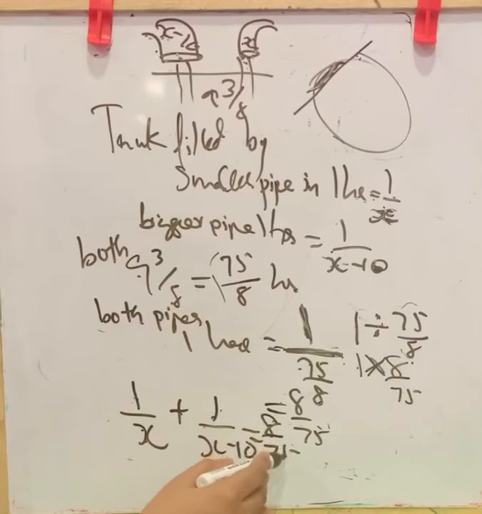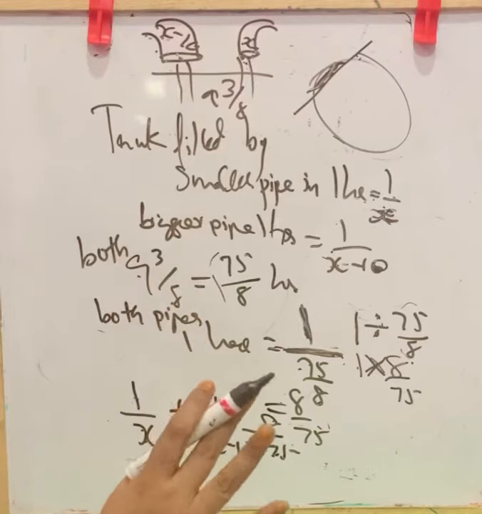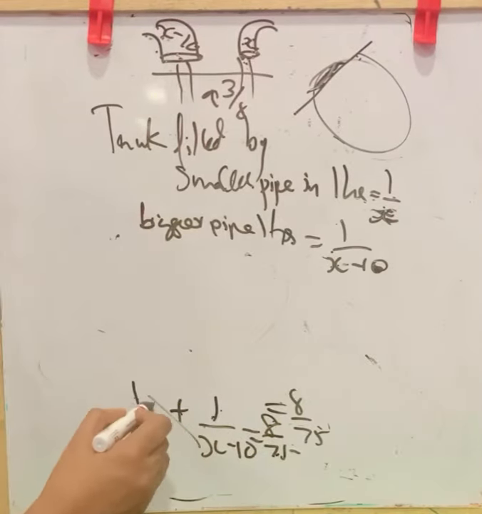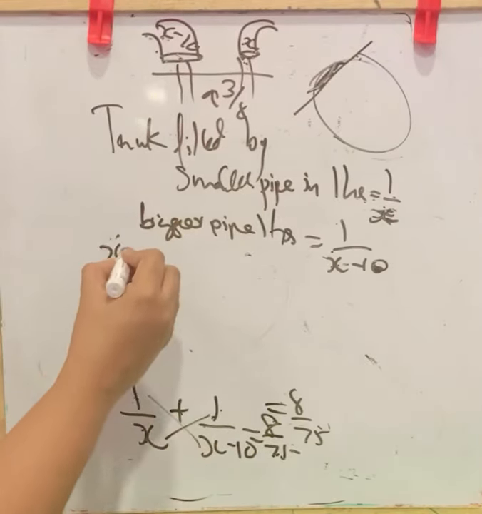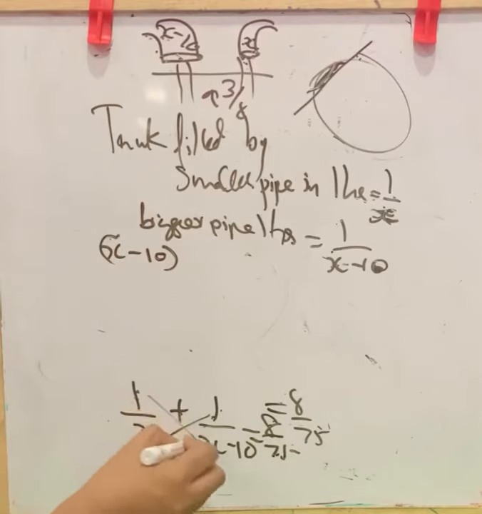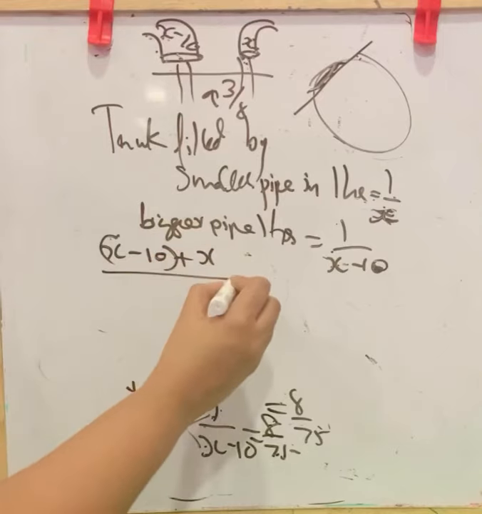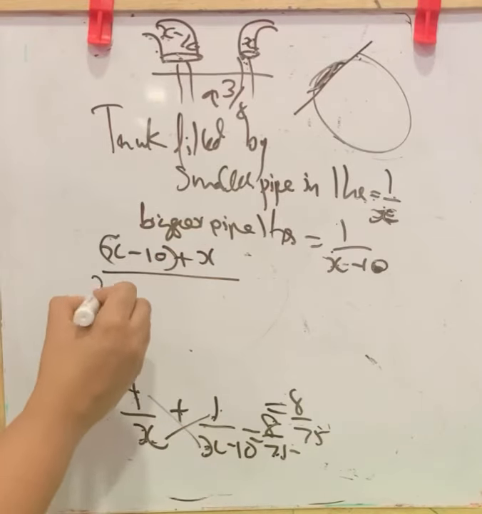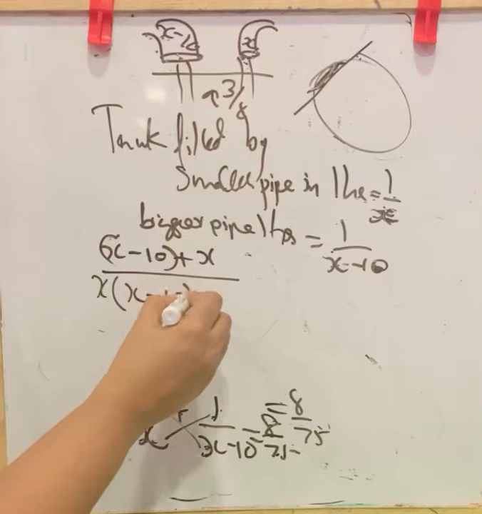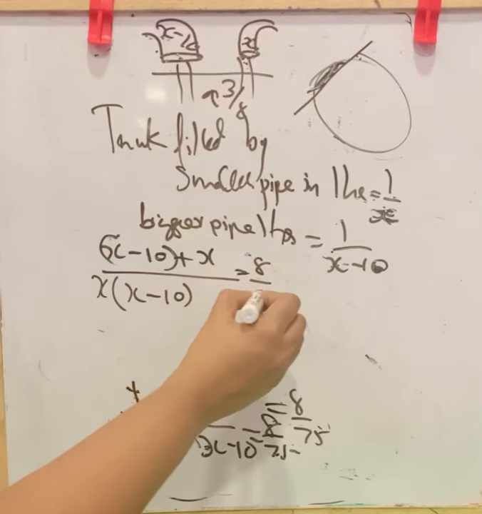Together it gets 8 by 75, that is in 1 hour. Now we can rearrange this, cross multiply. We get x minus 10, this numerator into this denominator, plus 1 into x is x, by product of denominators x into x minus 10 equal to 8 by 75.